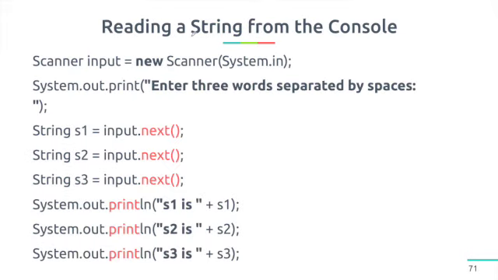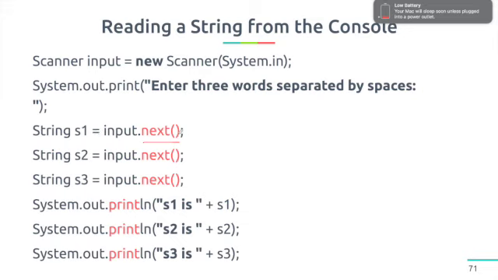So now if we want to read strings, we've discussed before how we can read numbers. We've used input.nextInt, input.nextDouble. If we want to read strings, we will use input.next, and this will read the next word. So if we want to read the next 3 words and store them in 3 variables, we will create 3 variables, s1, s2, and s3, and then we will set each equal to input.next.